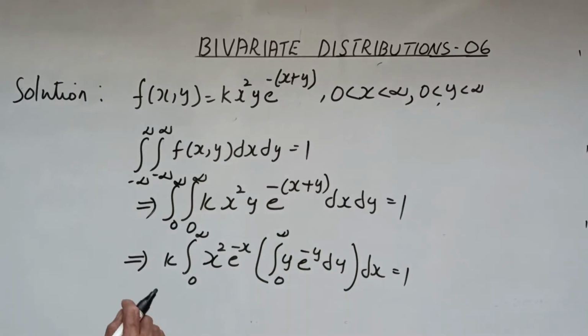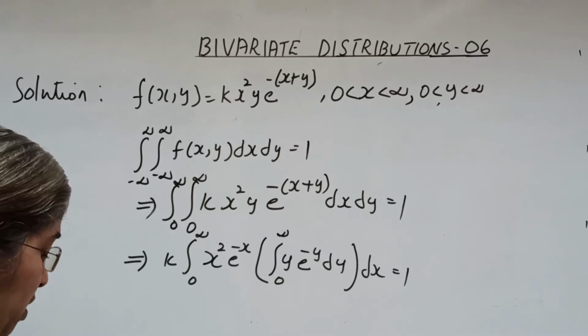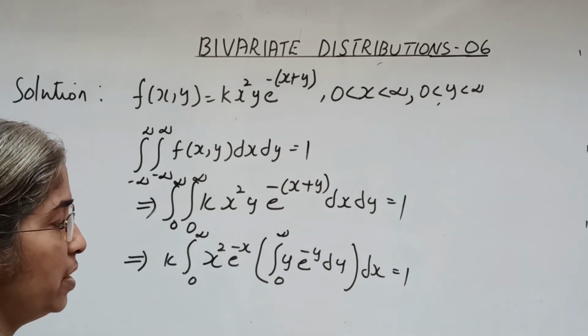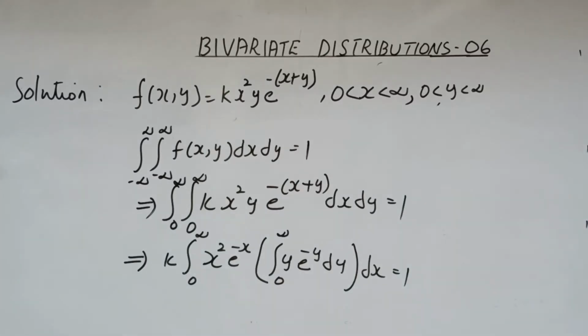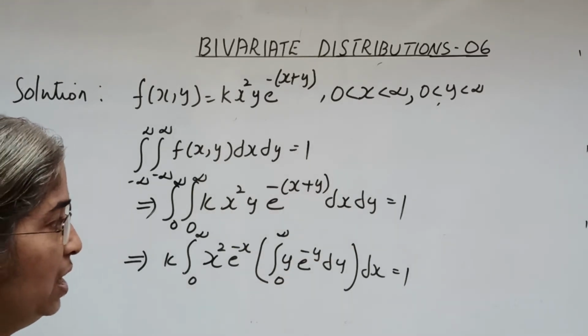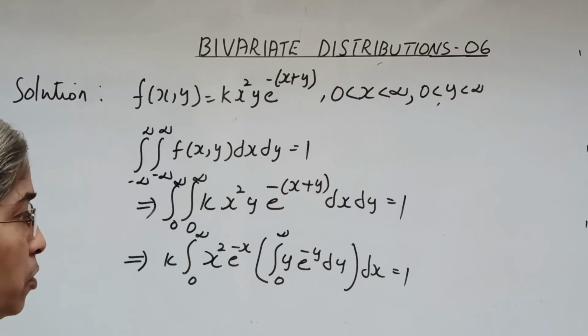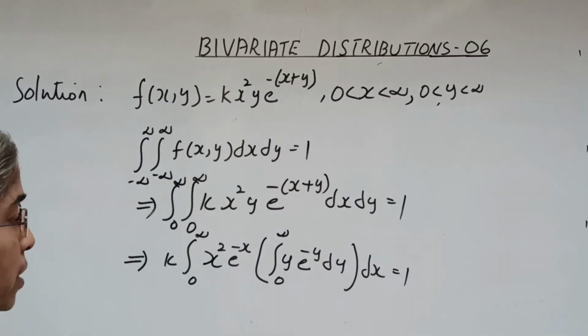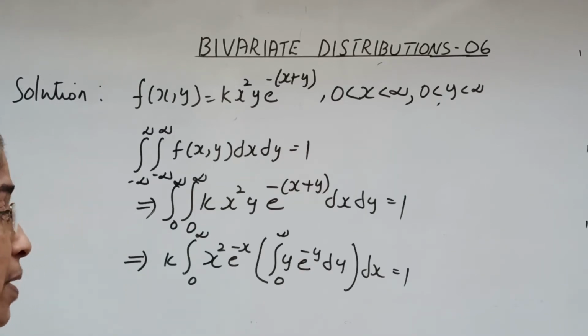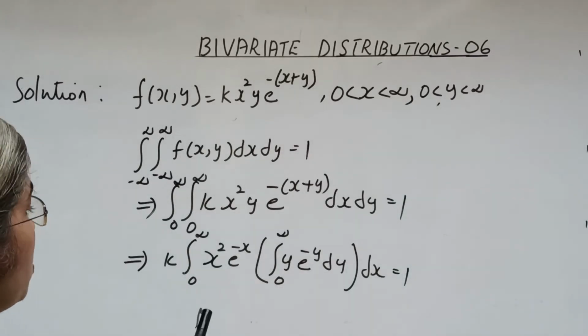Confirm, please. When we are integrating with respect to y, we have to write dy, and when we are integrating with respect to x, we have to write dx. You may change the order, but the procedure I am following is: firstly I am integrating with respect to y, then lastly with respect to x, so we have to write like this.